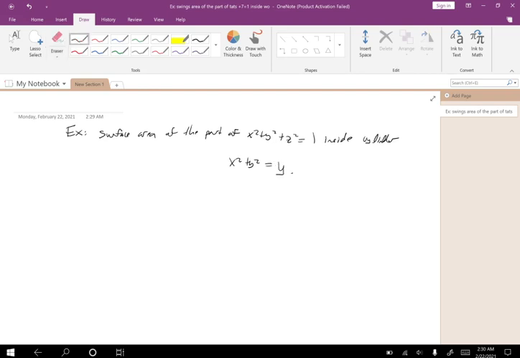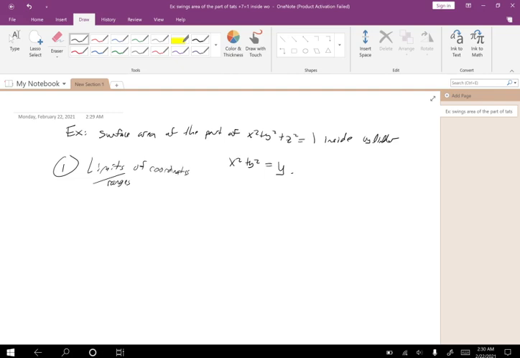Okay, so there's a little bit to unpack here, and I think following these steps will help simplify the process. First, you need to find the limits, or the ranges, of your coordinates.